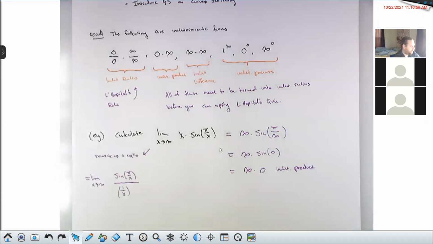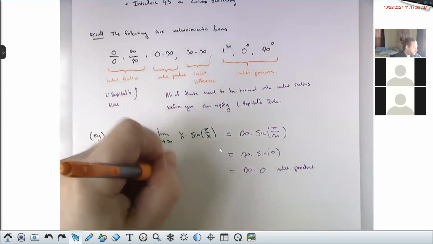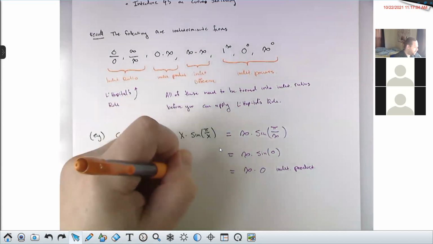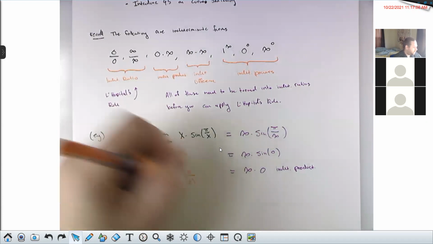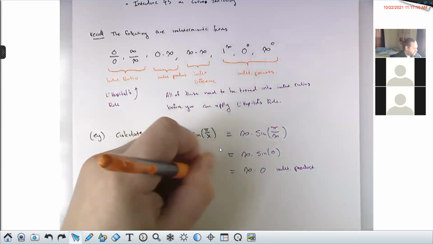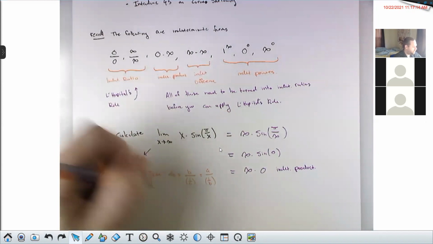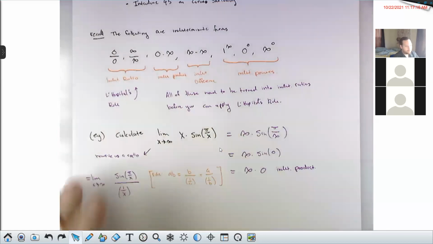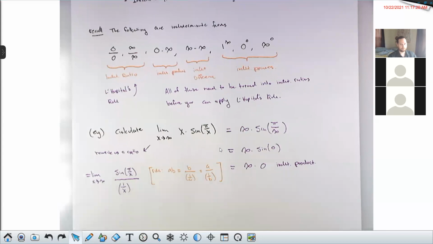The general algebra rule here is that a times b is the same as b divided by 1 over a, or a divided by 1 over b. So you have a choice. And my suggestion is to send the simpler guy downstairs because you're going to have to differentiate.